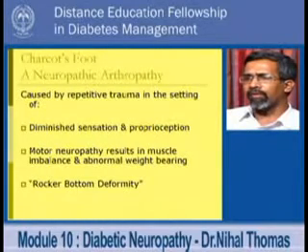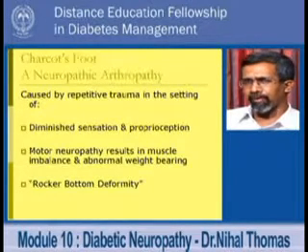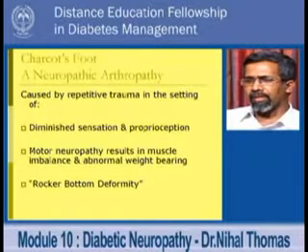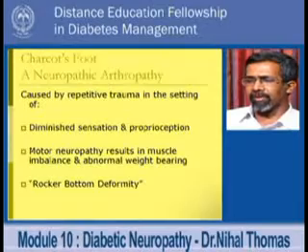The Charcot's foot is caused by repetitive trauma in the presence of diminished sensation and significantly reduced proprioception. In addition, they have a motor neuropathy which leads to abnormal weight bearing and imbalance. And the end result is the classical rocker bottom deformity.